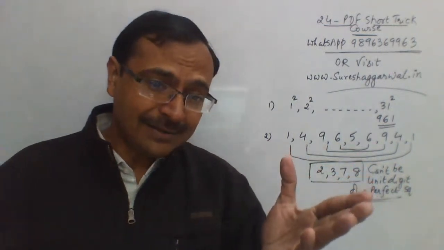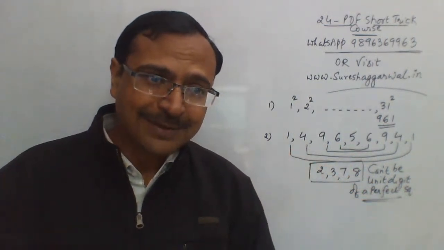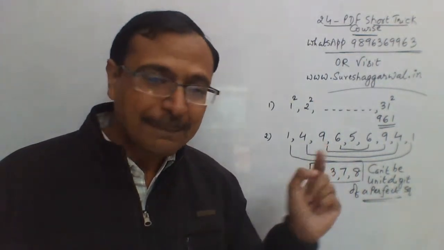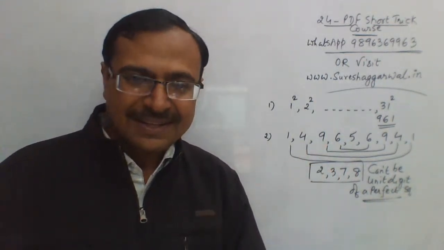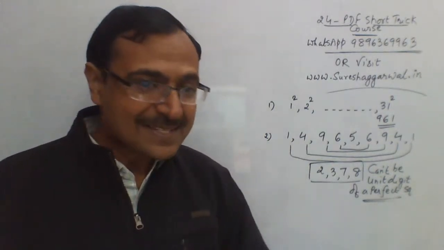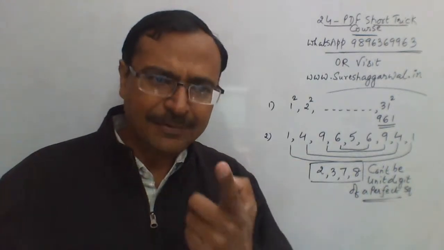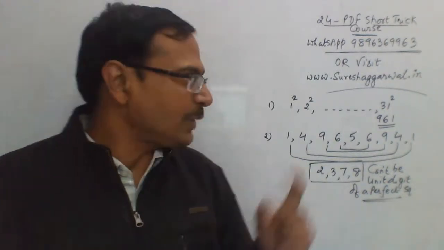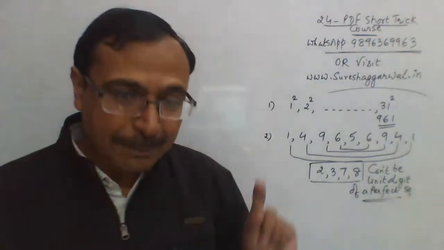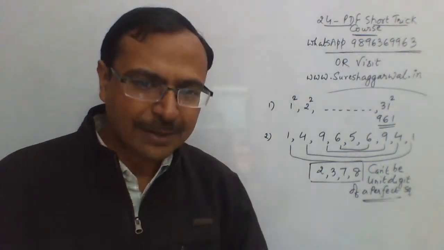There can be a number like 19, which is not a perfect square, and it ends with 9, right? But 49, it's a perfect square. 729, it's a perfect square. So 9 may or may not be the unit digit of a perfect square number.